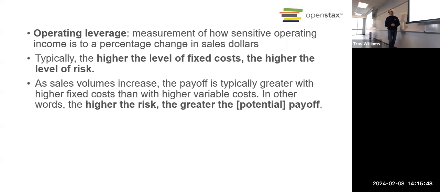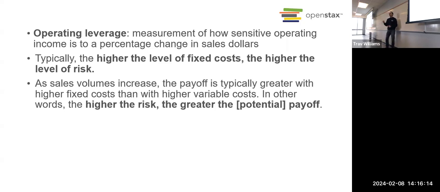So when we're talking about operating leverage, it's basically using high fixed costs and low variable costs in order to be more profitable. I think I mentioned this earlier that often companies will do that. They'll invest in things that require higher fixed costs, but they do that in order to lower their variable costs.